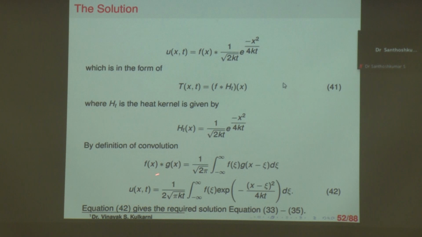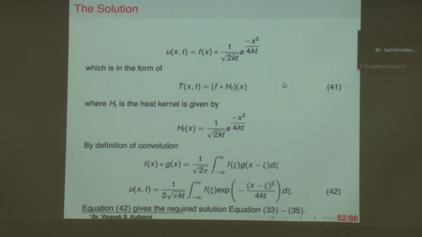Then, as you know, the convolution of two functions is written in this particular form. f(x) star g(x) is 1 upon root 2 pi, integral from minus infinity to plus infinity, with any parameter, say xi, of f(xi) g(x minus xi). So I will just substitute over here: this is f(xi), and here x needs to be replaced by x minus xi.